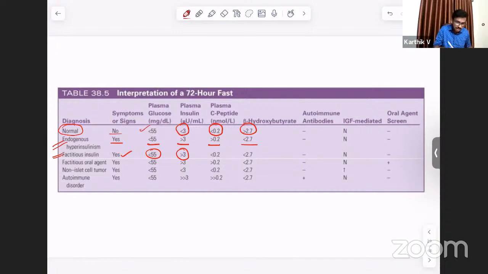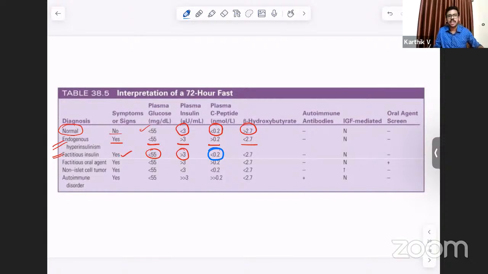But look at the C peptide level, very, very important. C peptide level will be suppressed. So in a patient with insulin dependent hypoglycemia as evidenced by high insulin levels but suppressed C peptide, you think of the possibility of exogenous insulin administration.